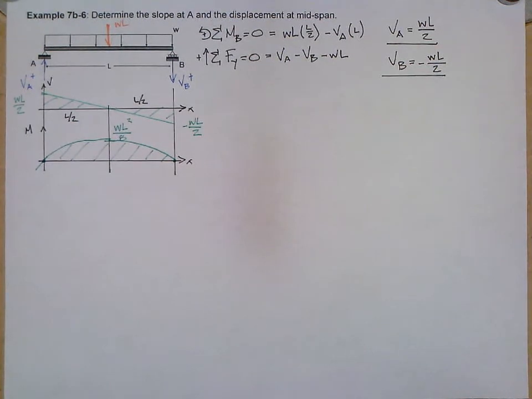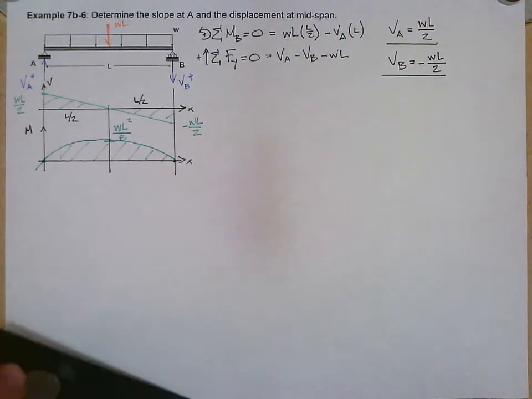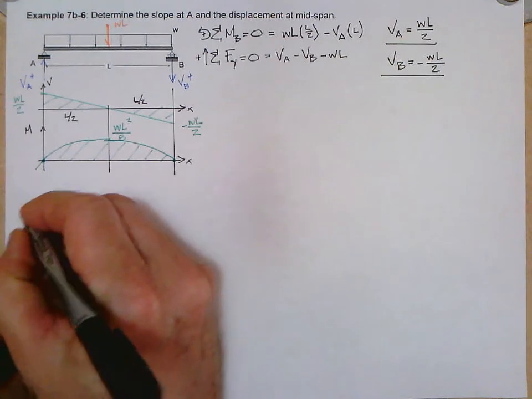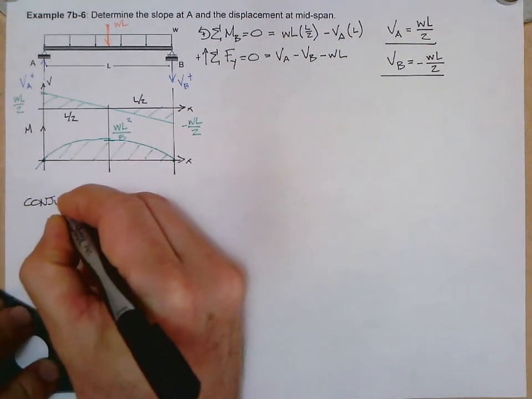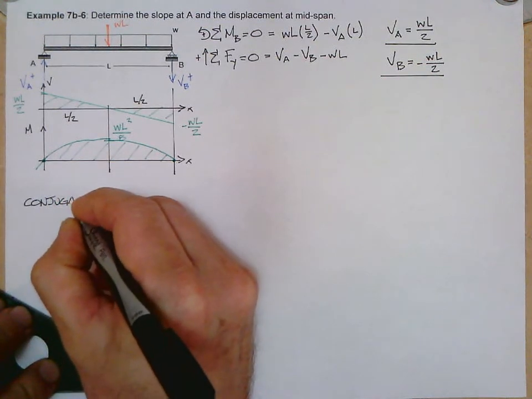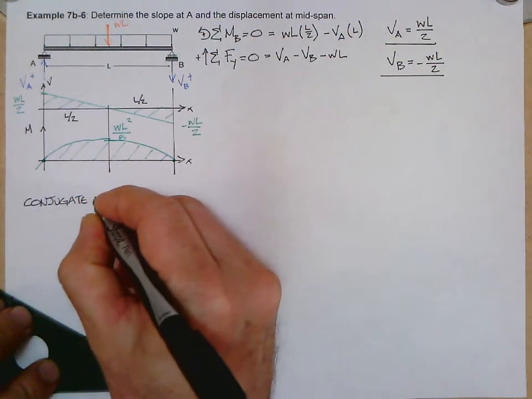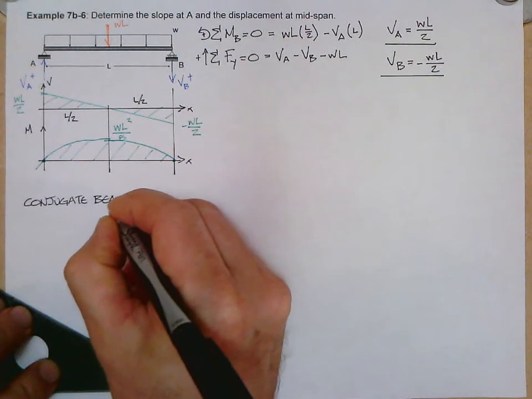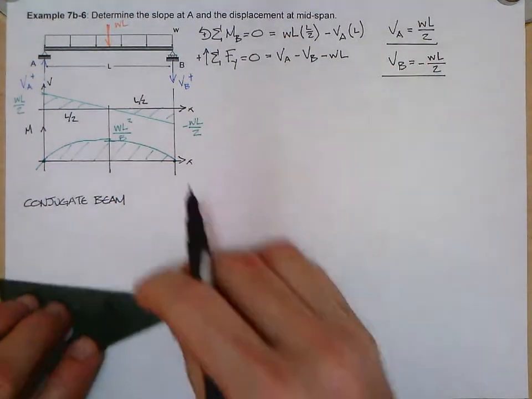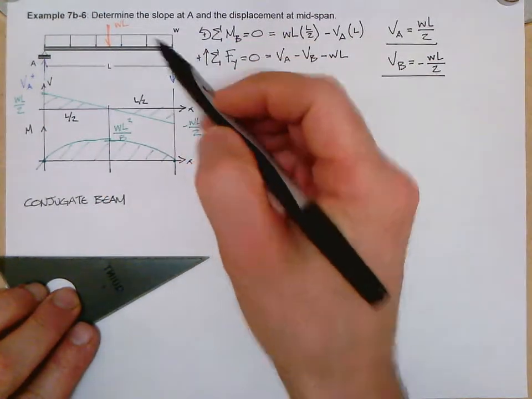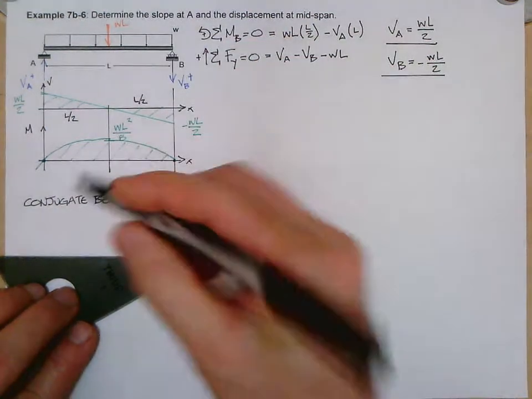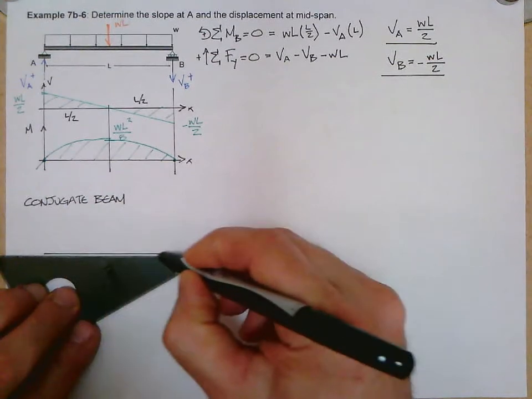So the next step is to construct our conjugate beam. So I will do that here. Looking ahead, we're going to look at our real connections and see how they map to conjugate. So we know that an external pin or roller in the conjugate space are unchanged.